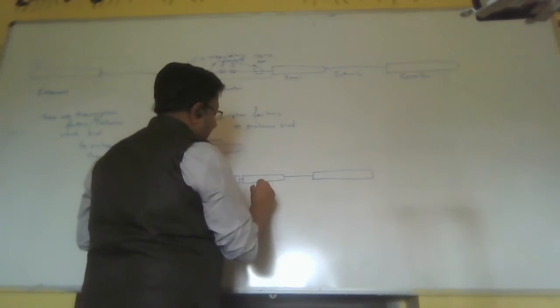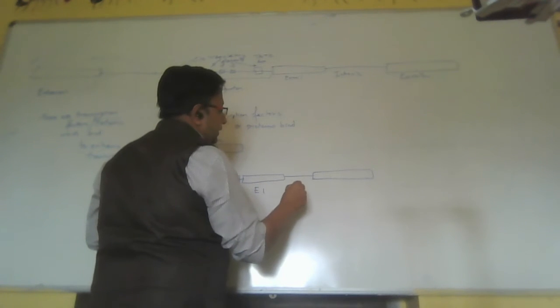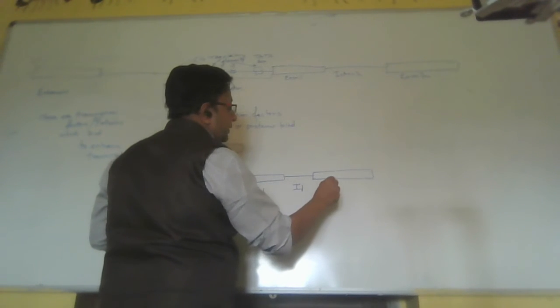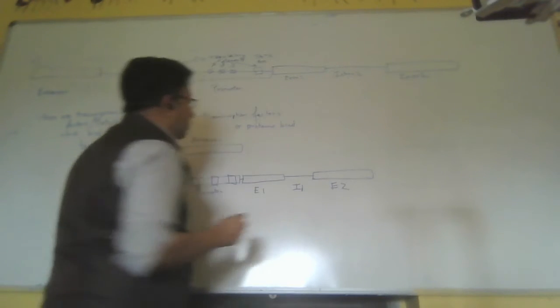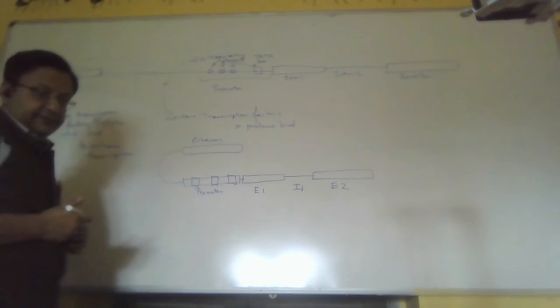This is say exon 1, intron 1, exon 2. It can fold.